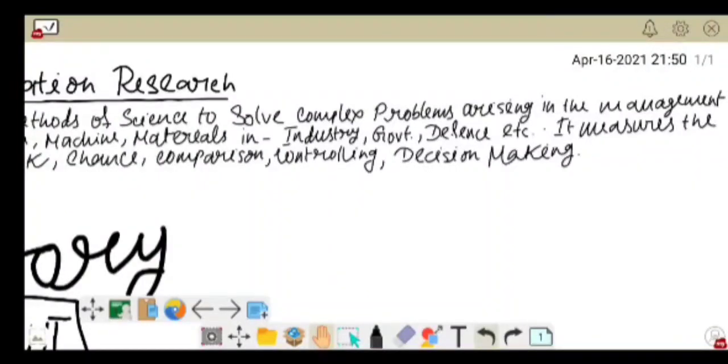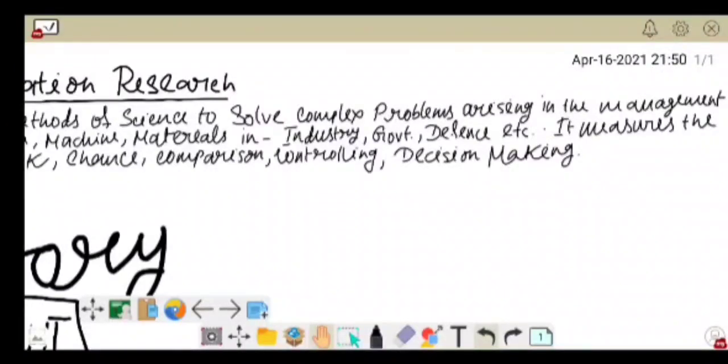So this is the objective of this subject. In my opinion, this is not a real subject. You can say this is a concept, this is a methodology. From this subject we will know some formulas, some definitions, some objectives.